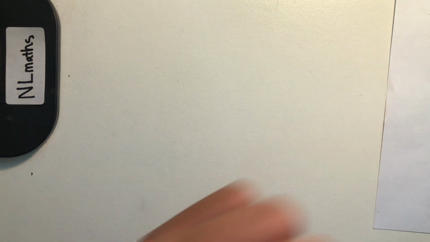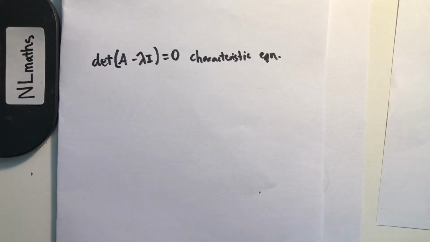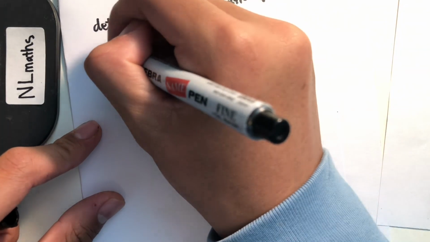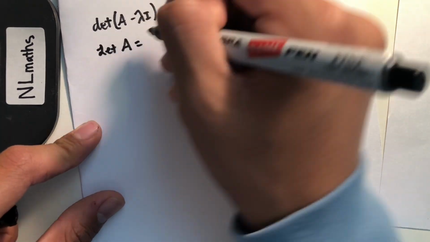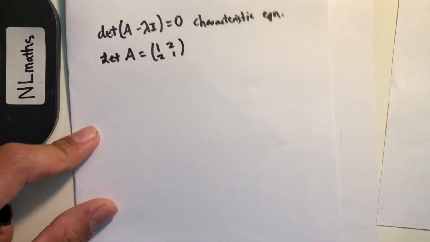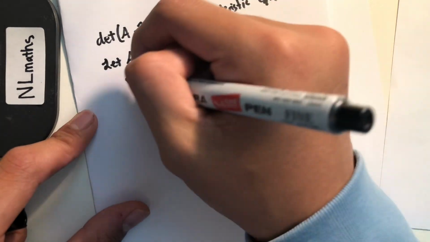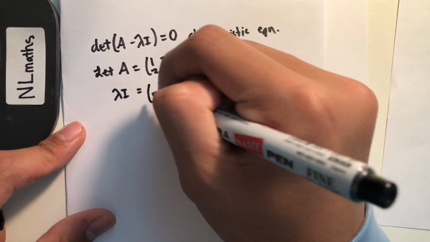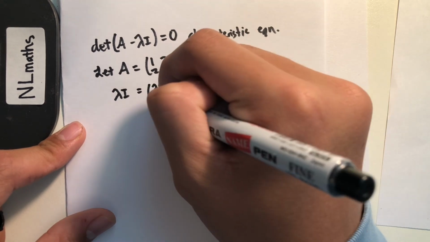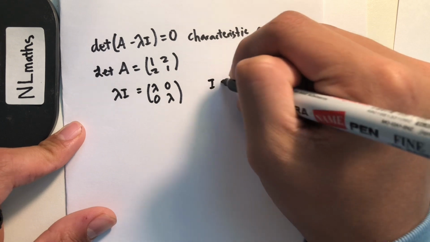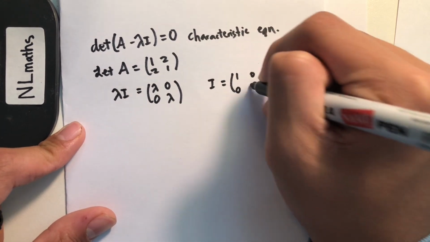Now I'm going to come back to this and show you the eigenvalue later. So we are going to try computing the eigenvalues with this equation. So let A equal 1, 2, 2, 1. Then lambda I is going to be equal to lambda 0, 0, lambda, because if you remember, I equals 1, 0, 0, 1.